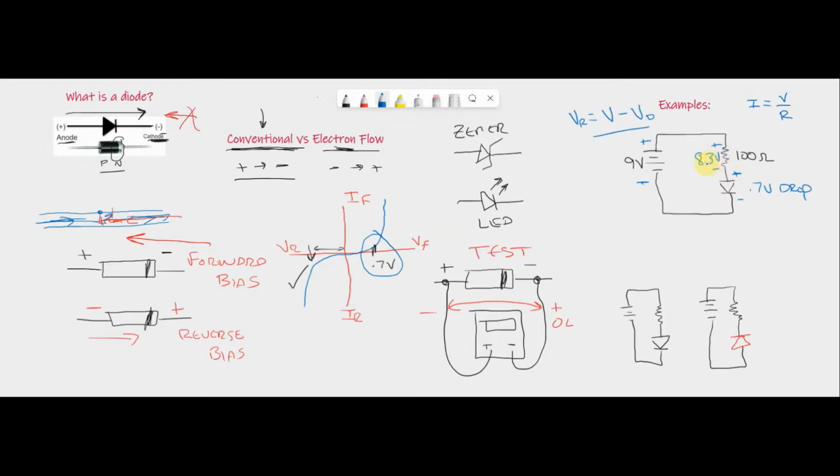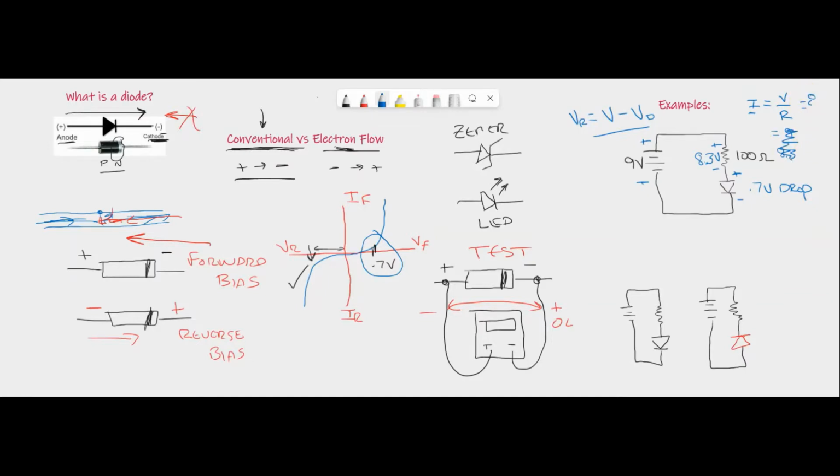So now if I want to find my current for this circuit, I'm going to take this voltage across the resistor, and I'm going to say now 9 volts using Ohm's law divided by 8.3, and 9 divided by 8, I'm sorry, I totally messed that up. It's not 9.